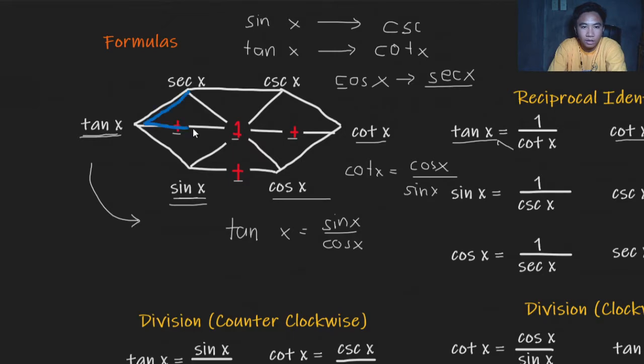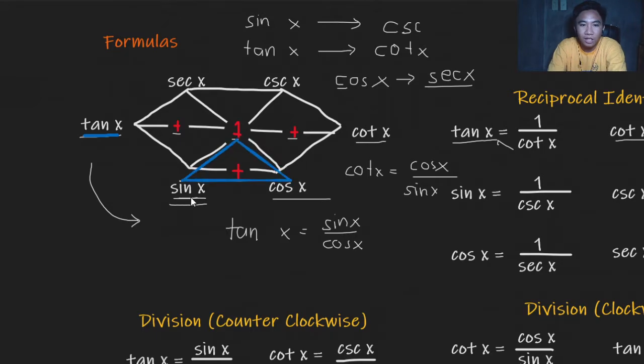Itong triangle na ito. Kita nyo ba? So, tangent squared x plus 1 is equal dun sa tuktok niya, which is the secant squared x. And then, dito din, may triangle again.